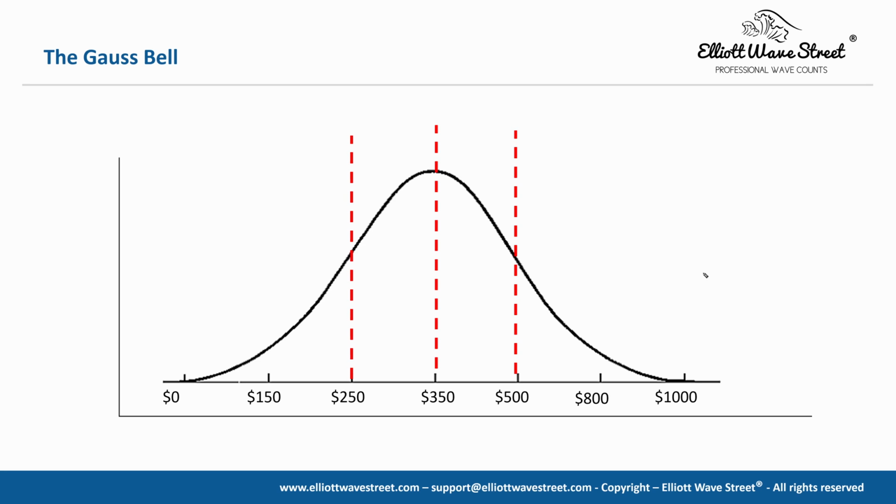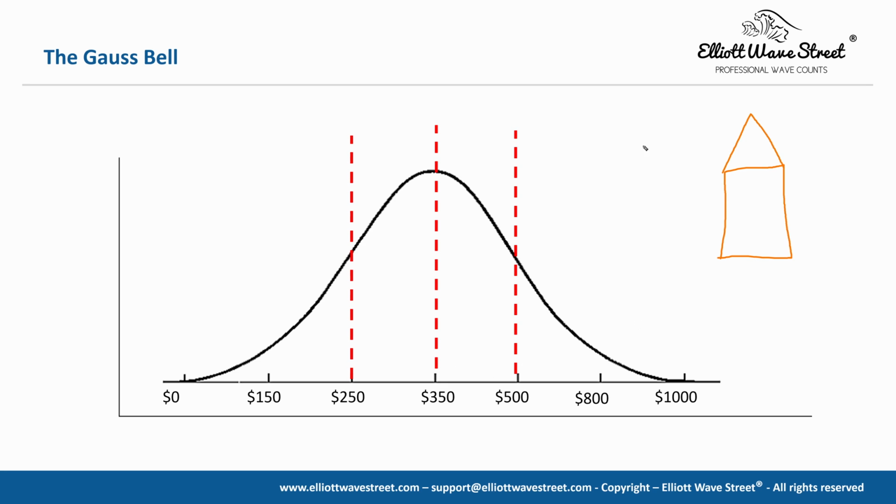Let's suppose that I want to buy a new home, a new house. So I'm going to start checking prices of other houses and some historical prices in the neighborhood.